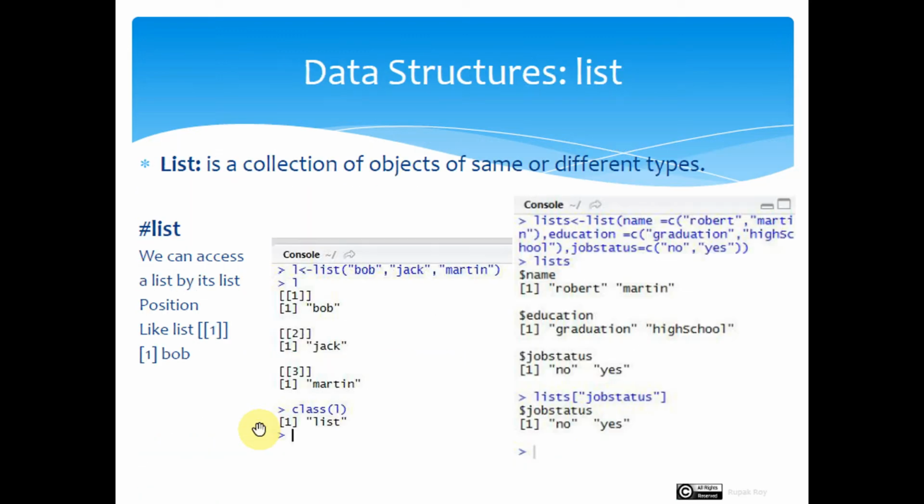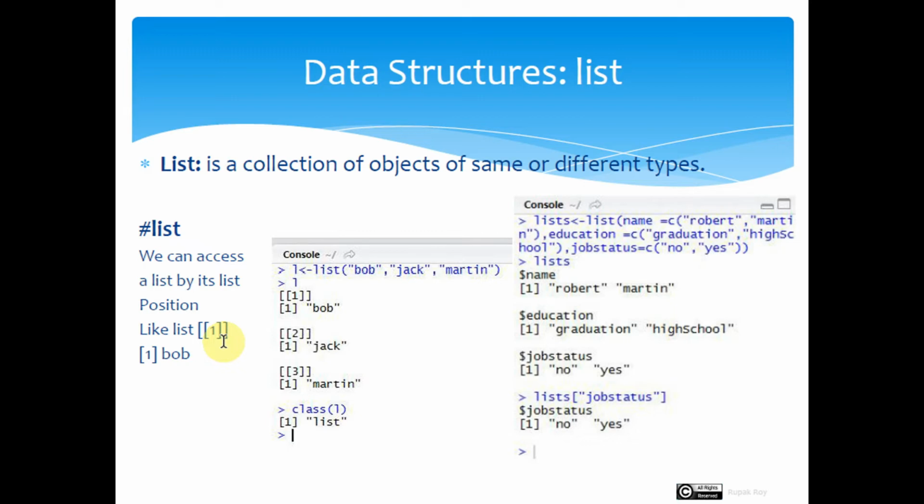And lastly, the list, which is a collection of objects of the same or different data types. In the example below, we can see the data values are stored as a list and not as a data frame, matrix, or vector. Again, to access these values in the list, we have to use the list position. We will perform all this again in our lab videos for hands-on experience.